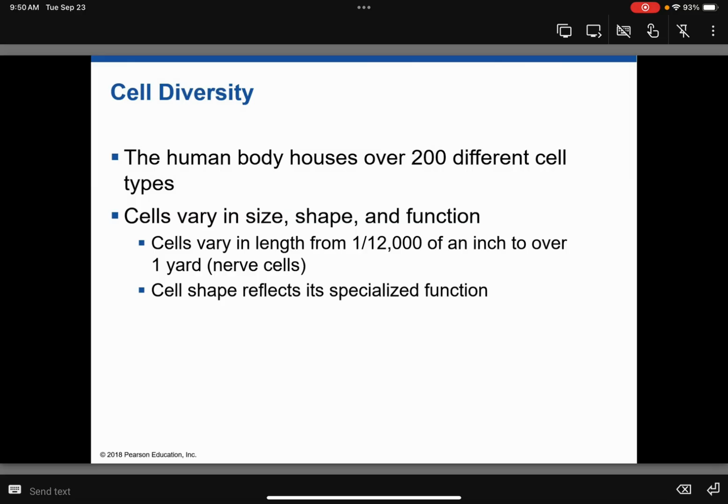What's a nerve cell look like? Pretty sure I had one of these drawn on my board almost all of last year. Yeah, it's a nerve cell.